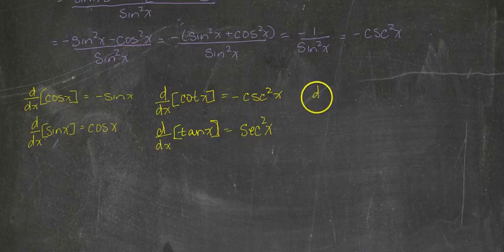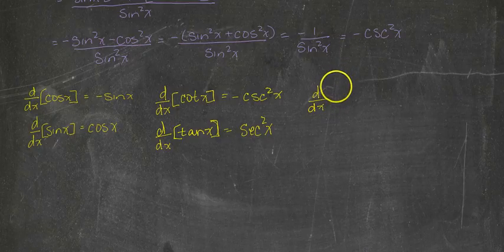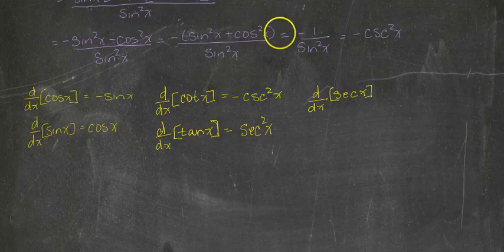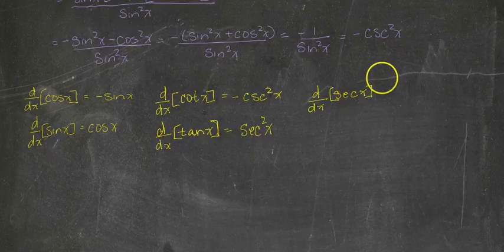And then the other two that I haven't shown, but I'm sure you can find them on the internet if you want to know, are the derivative of secant x. And you might even be able to derive it yourself because you would just use the same rules I used. Turn secant x into probably 1 over cosine x, and then use the quotient rule.